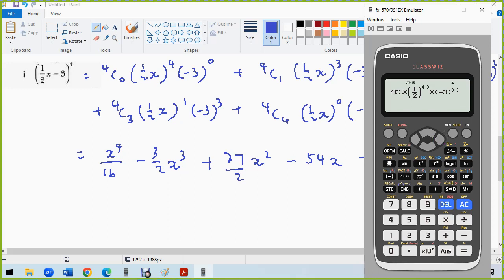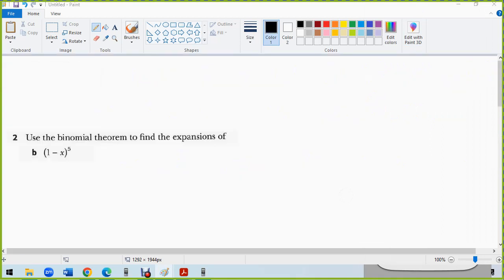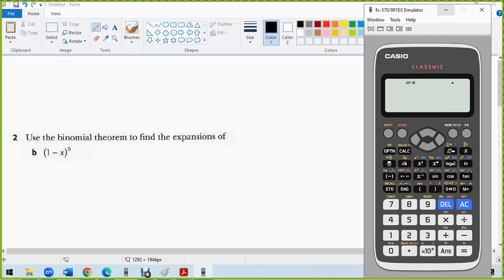And then we have the 4C4, so this one is 4 minus 4 or 0. Then this will be the power 4, 81. Yes, correct.